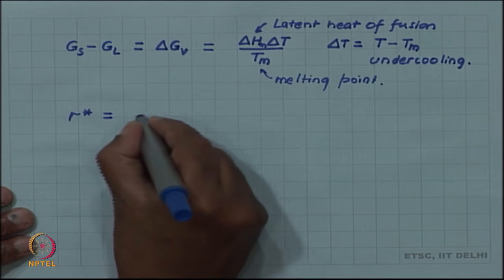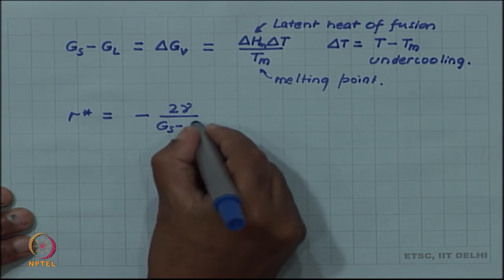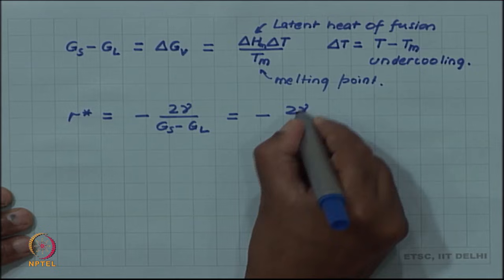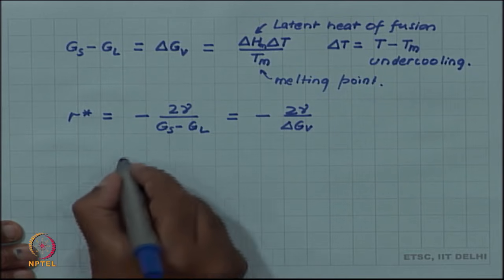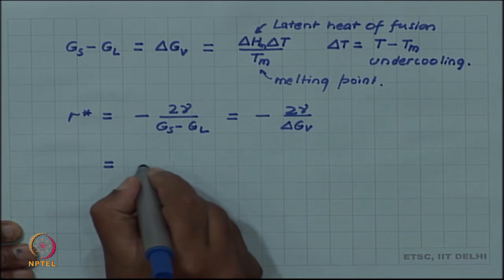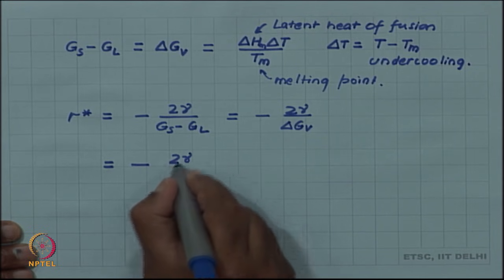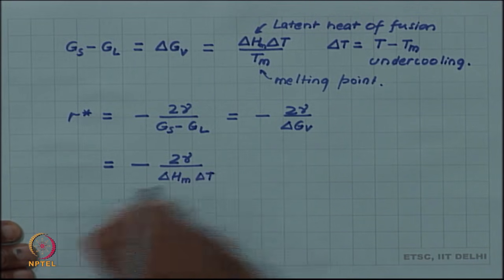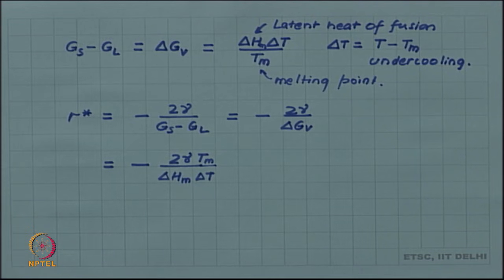We can write R star equal to minus 2 gamma by delta Gv, which is delta Hm delta T by Tm.